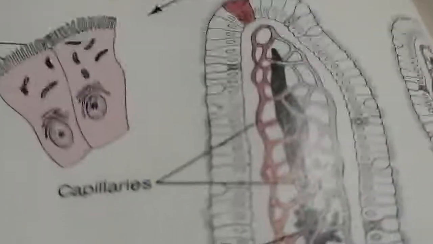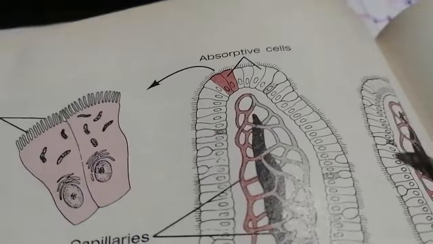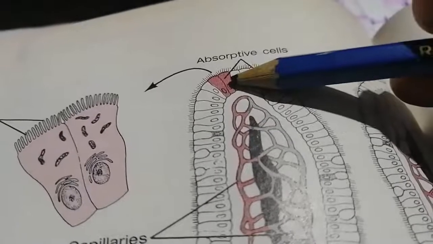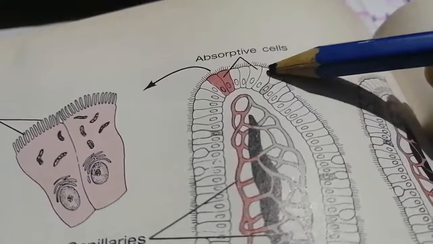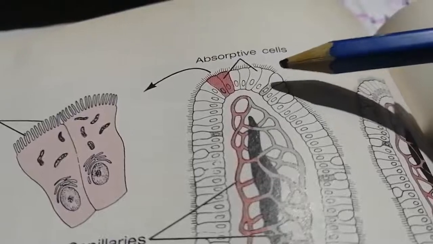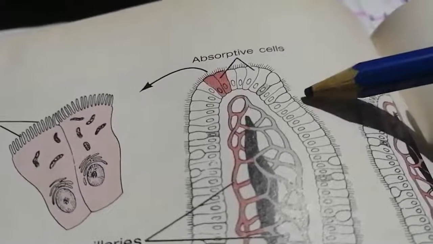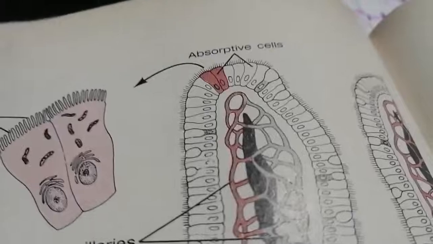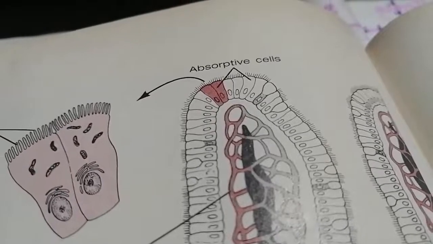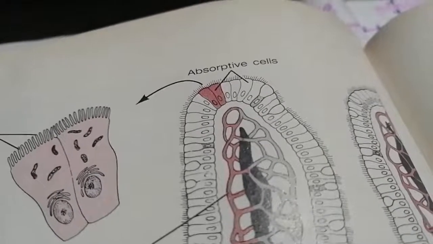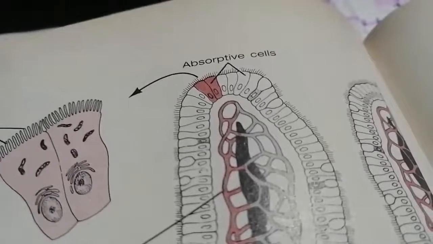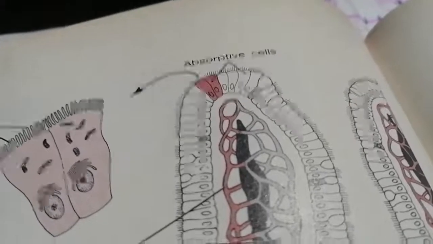Now, the ultimate digestion, I have told you, ultimately the things are being digested where? In your absorptive cells, which you have read in the previous class, isn't it? Like if you have maltose, then it gets broken down into what? Glucose, and glucose ultimately here. Dipeptides are broken down into amino acids here only.